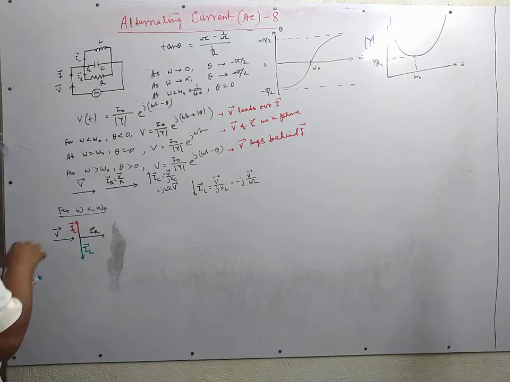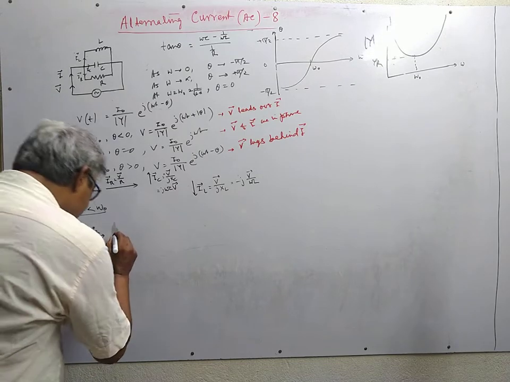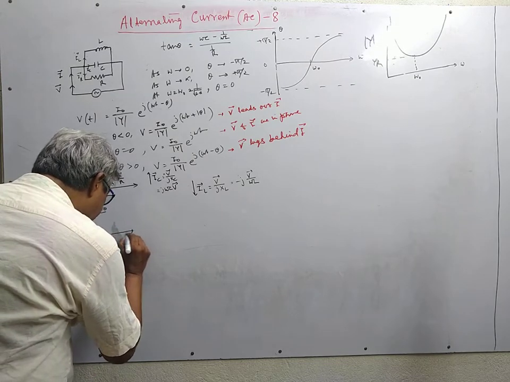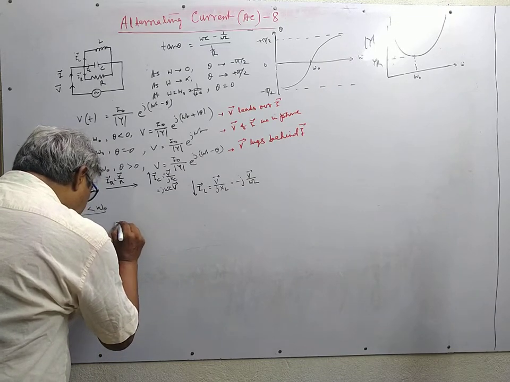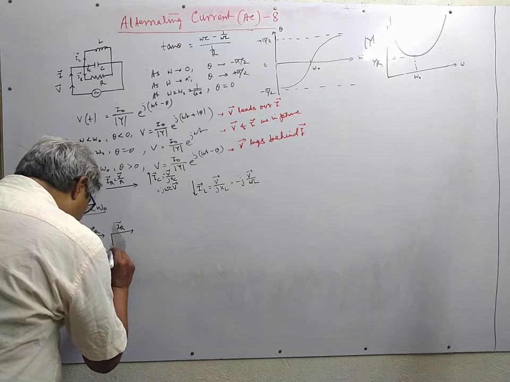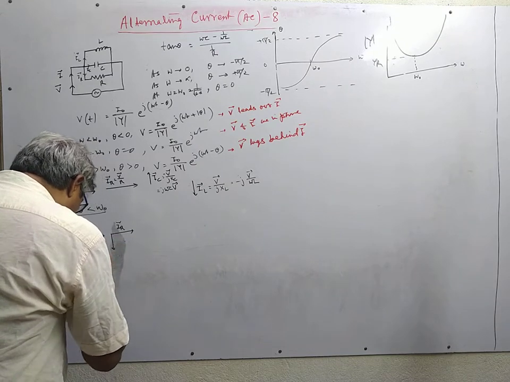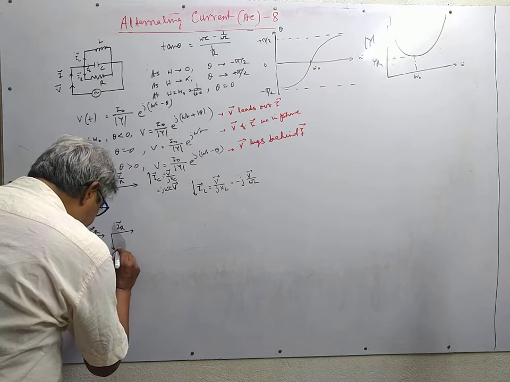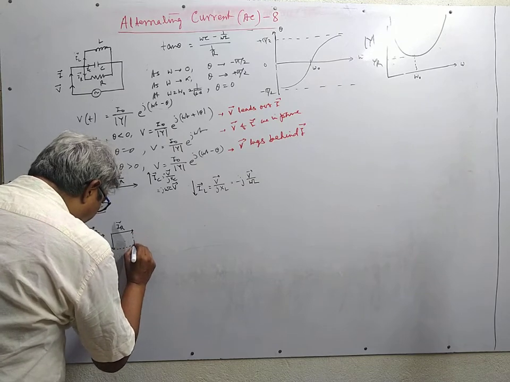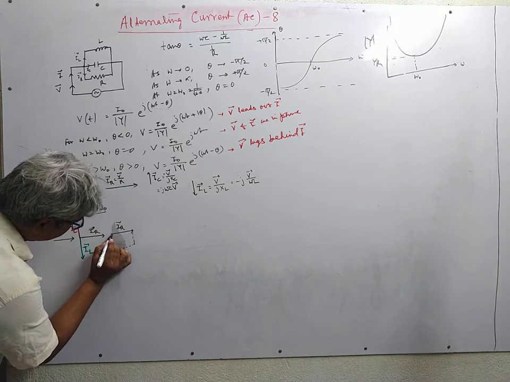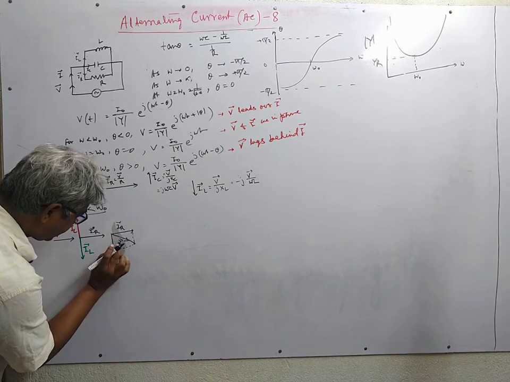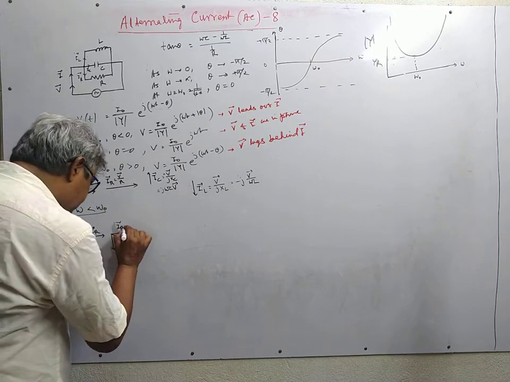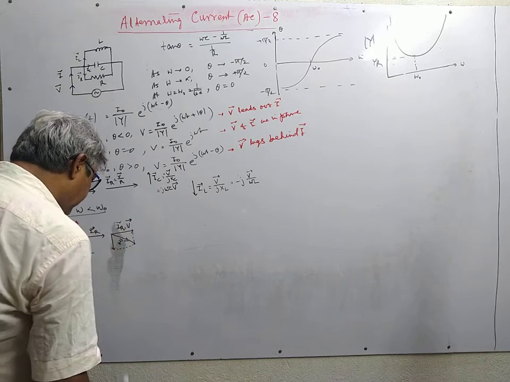So the circuit effectively becomes IR and the resultant of IL and IC. If we add, this is the resultant current I, and this is also the phase angle of V.